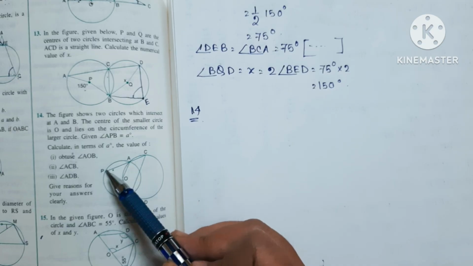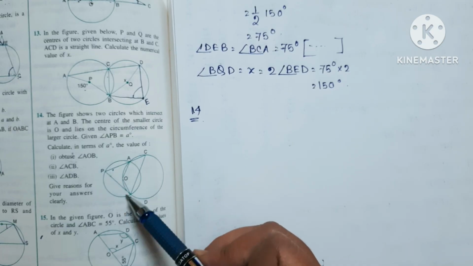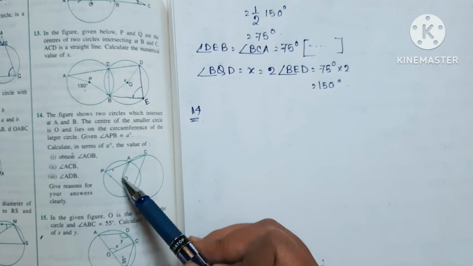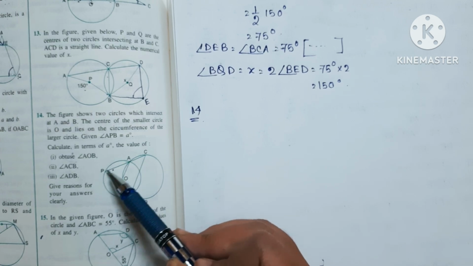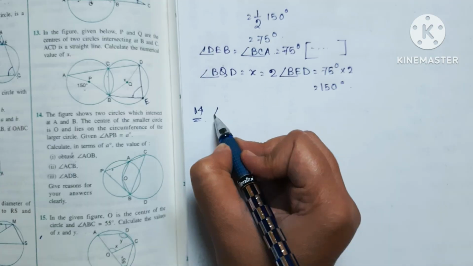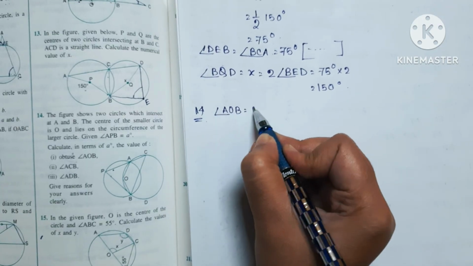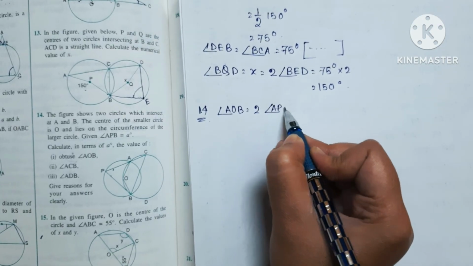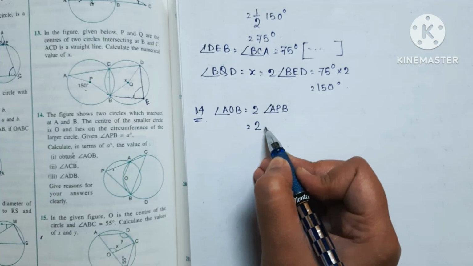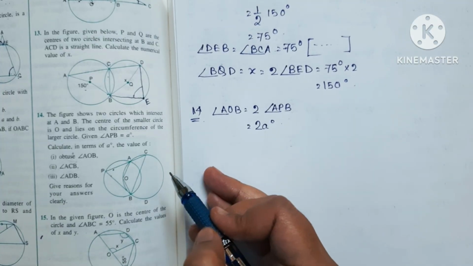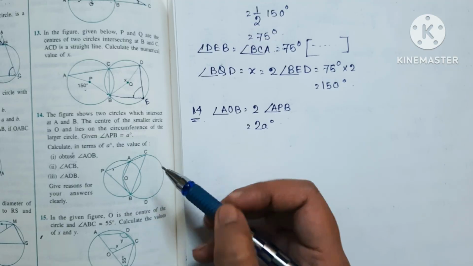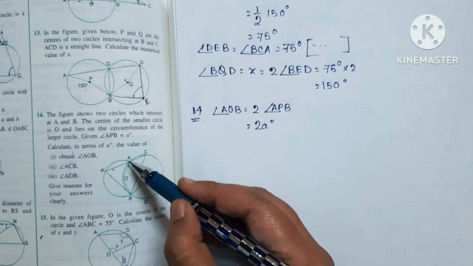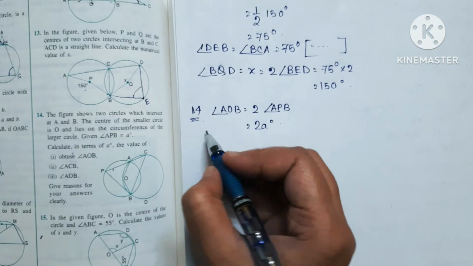Now see, APB and AOB are on the same segment AB. One is at the center, another one is at the circumference. So obviously APB is half of AOB. So angle AOB is twice APB. So it will become 2A, this one. Now see, AOBC is a cyclic quadrilateral, right? Now ACB plus AOB will be 180.